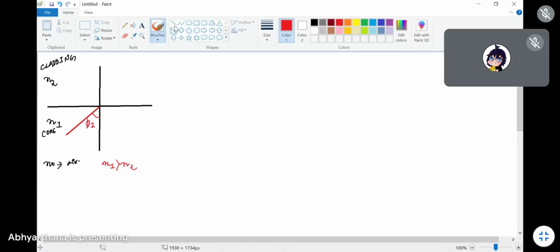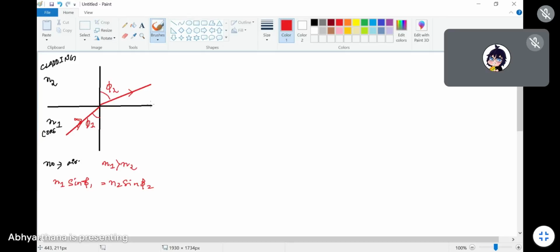When N1 is greater than N2, then your light will be refracted, with the angle of refraction as phi 2. So from here you had obtained Snell's law, that is N1 sine phi 1 is equal to N2 sine phi 2.